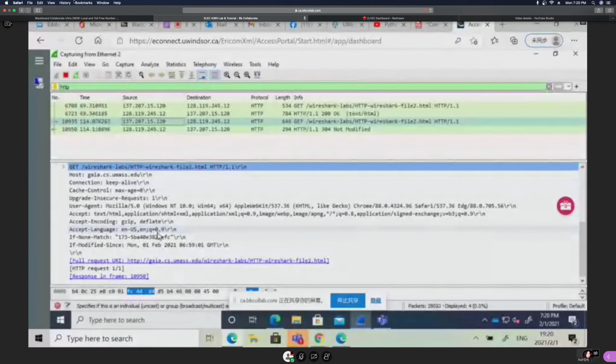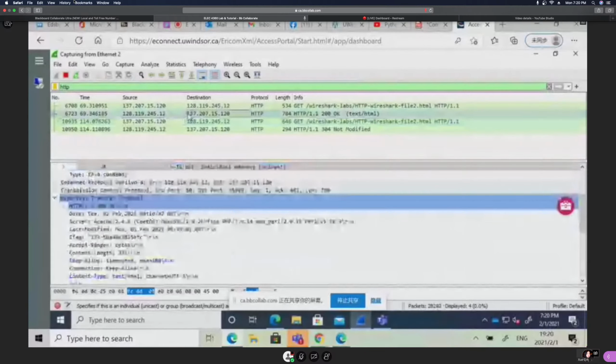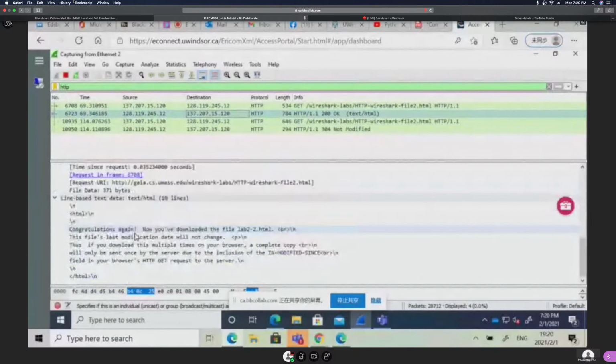And the response, we can also see the information here. You can compare these two. I think not only the difference in the status code, there should be some other differences between the two. So you can practice and figure out the differences and answer the questions for the second part of the handling report.